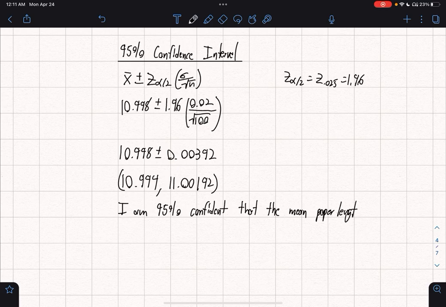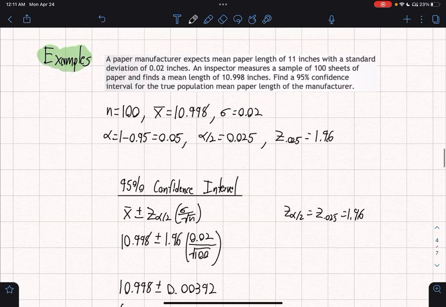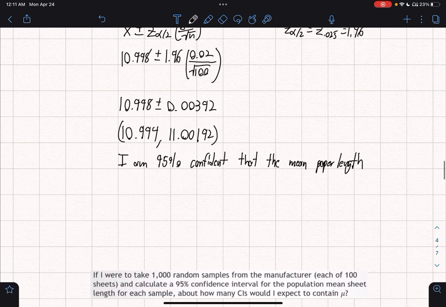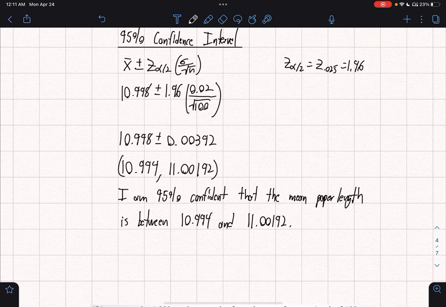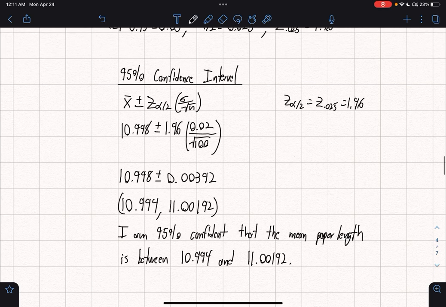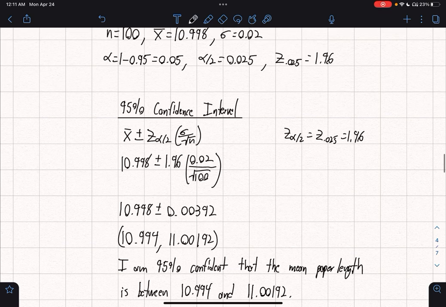We want to put the interpretation back into the context of the problem, and this problem was talking about paper length. And that's it. That's how we do a 95% confidence interval.